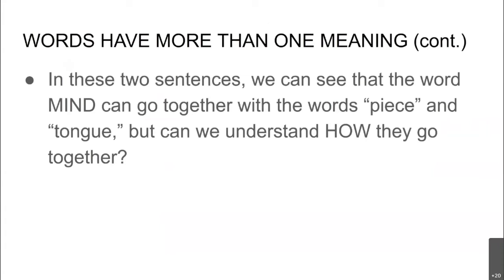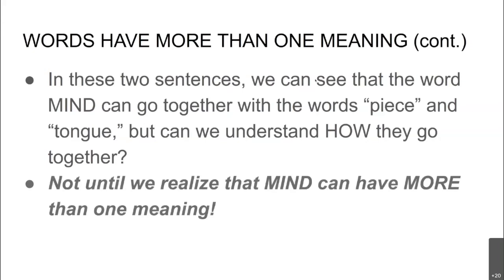A piece of my mind, or mind your tongue. But if you don't know what they mean, you may be confused at how these words go together. So that's what I'm trying to introduce to you here in this first lesson about mind. We have to understand that mind can have more than one meaning. So that's what I'm trying to show you here this morning.